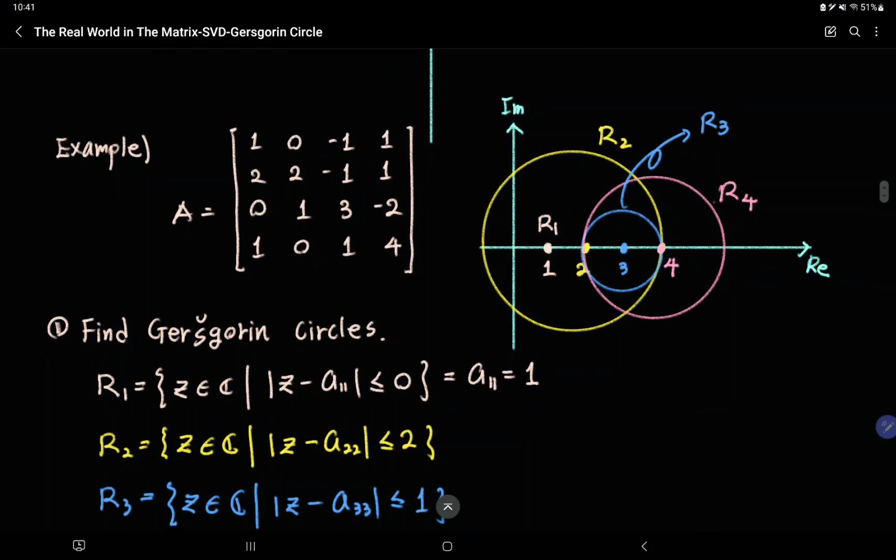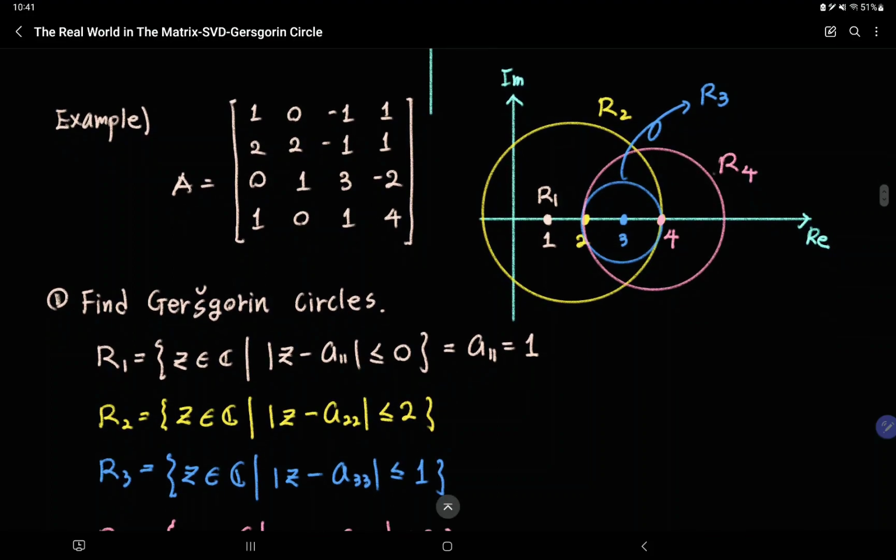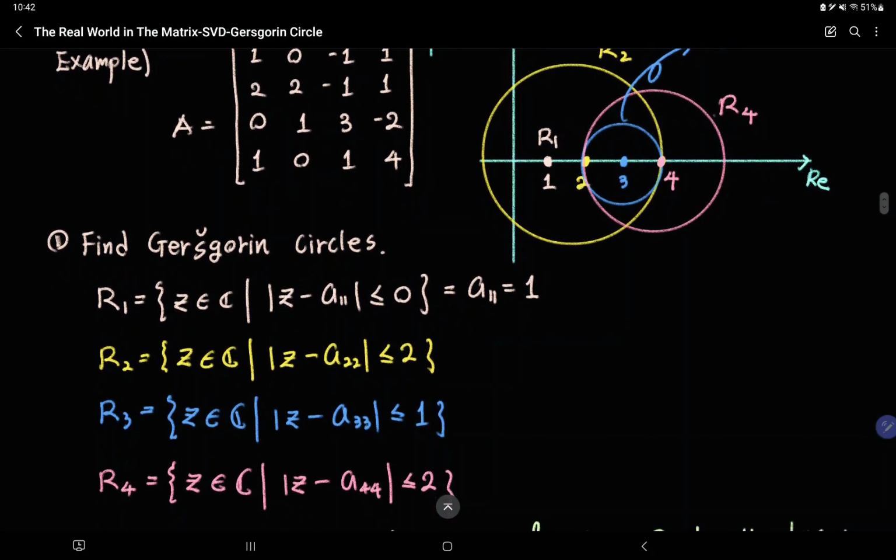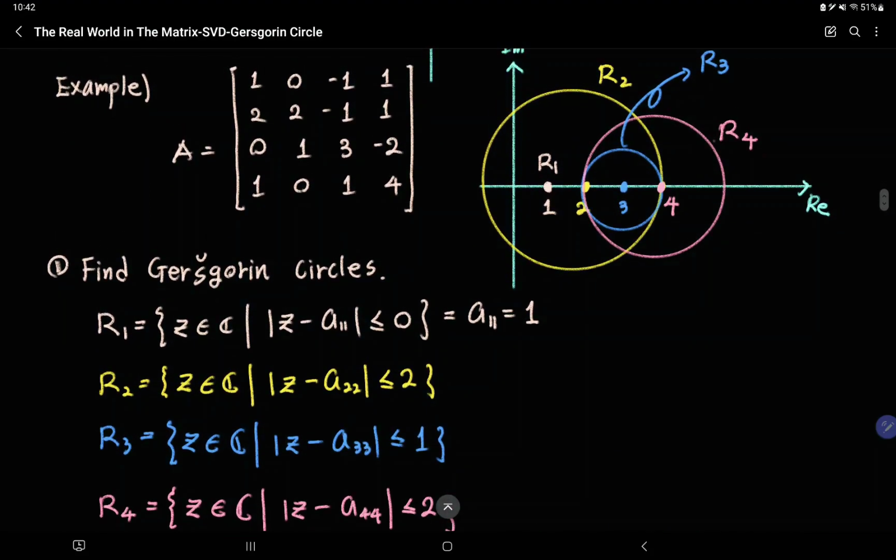So this is an example. Matrix A is given like this, a 4 by 4 matrix, and now we figure out R1, R2, R3, R4 to see approximately where the eigenvalues lie. The diagonal entries 1, 2, 3, 4 are going to be the centers of the circles.